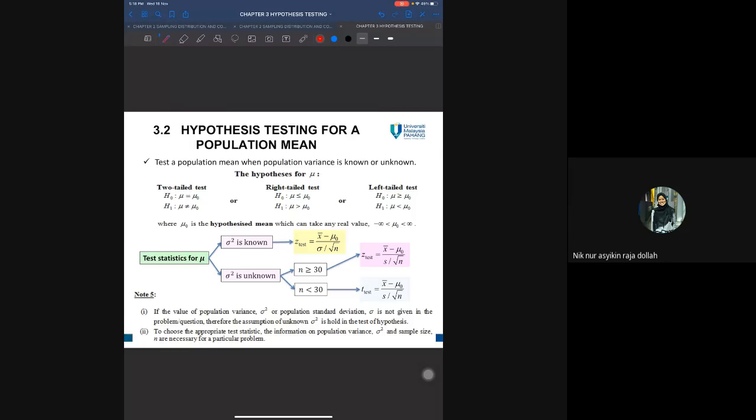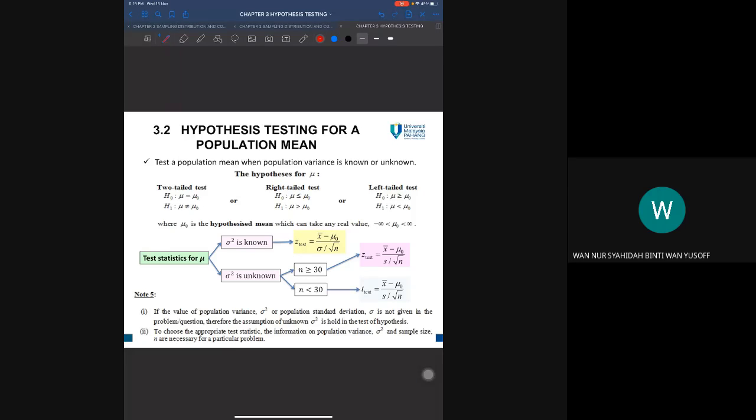3.2, hypothesis testing for a population mean. So we test a population mean when the population variance is known or unknown. In terms of the formula, the idea is similar to the confidence interval.